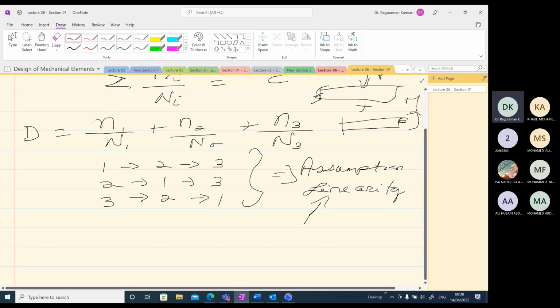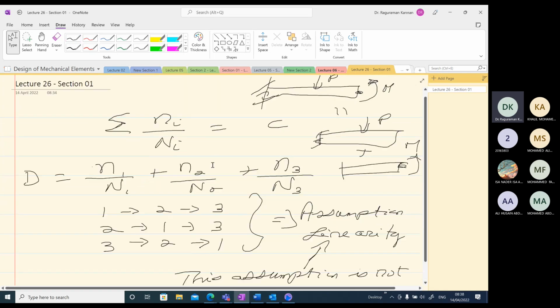It is found experimentally that if I change the order of loading, then the results are not the same. The damage, in fact, could be different. The results could be quite different. So this is the limitation of the method.